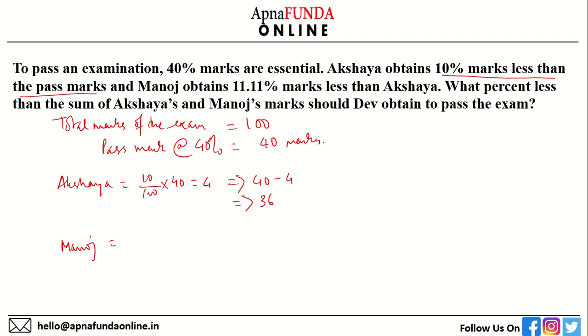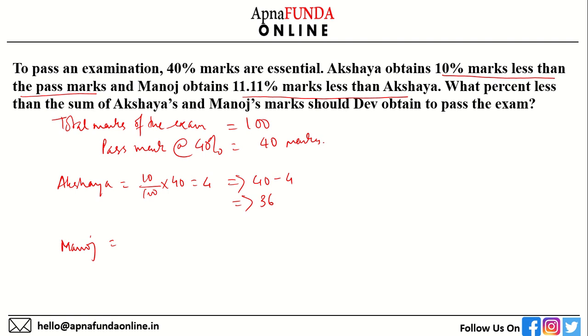Manoj obtains 11.11% marks less than Akshay. So 11.11% less of 36. Correct? So if you have seen my percentage video 2, we discussed fraction, decimals, and ratio equivalence.